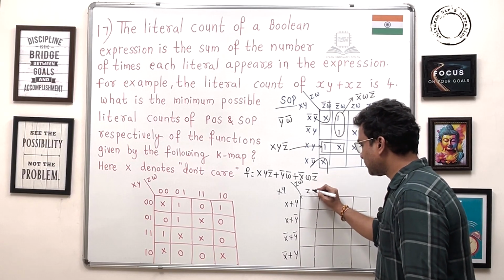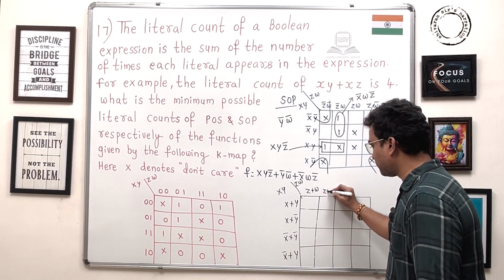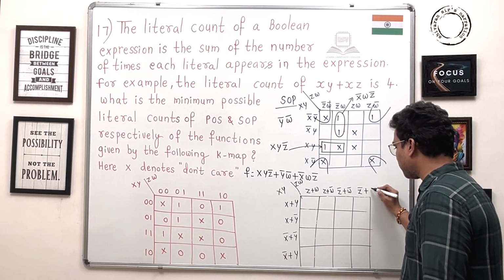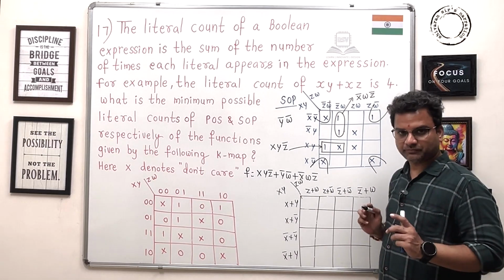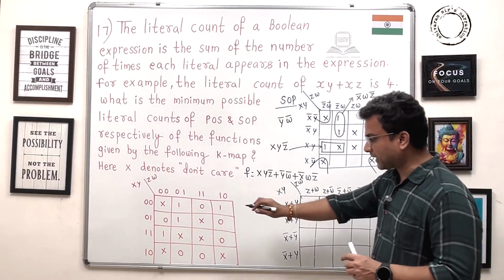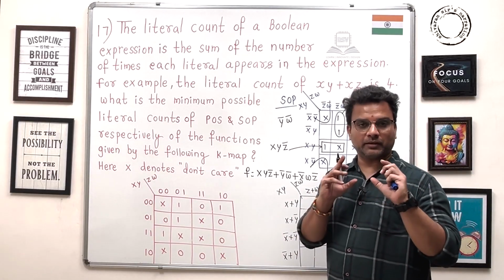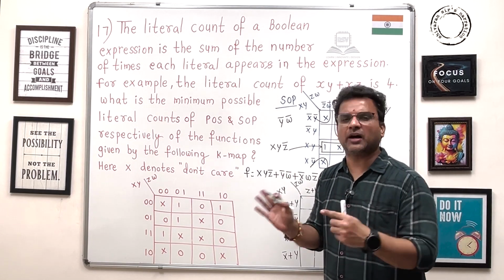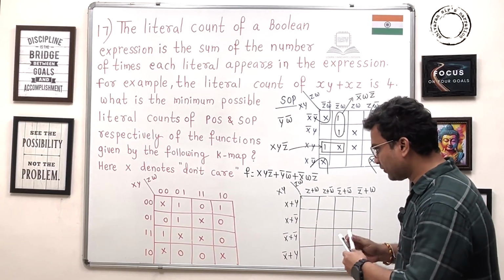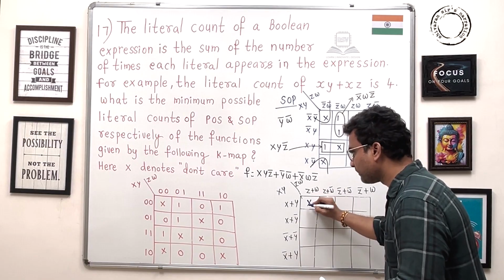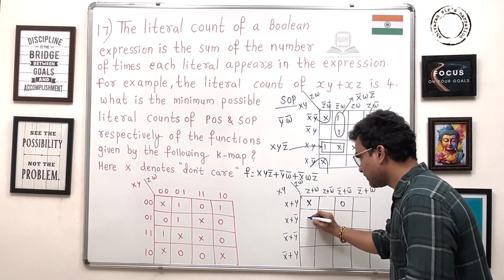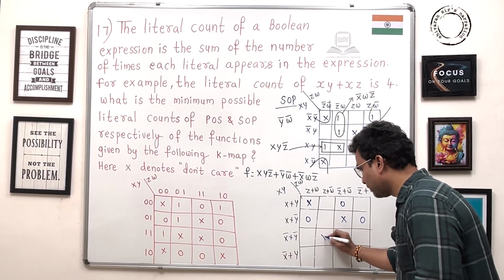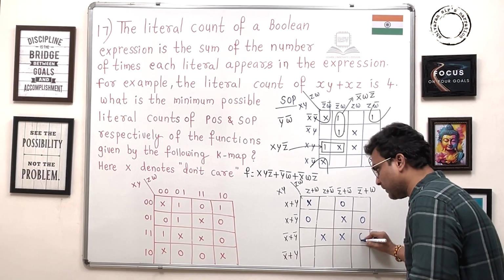Similarly here z plus w, z plus w bar, z bar plus w bar, z bar plus w. This one. Okay. Now let's take only max terms and don't cares, meaning exclude min terms, logic ones. That's it. Now you get here it is a don't care, here it is 0, 0, don't care, 0, don't care, 0.